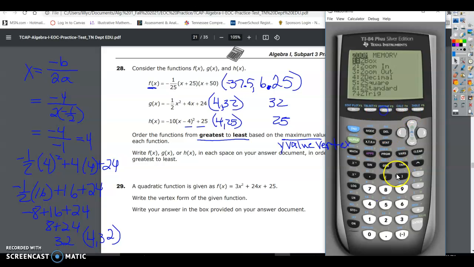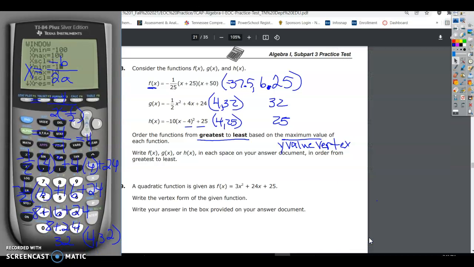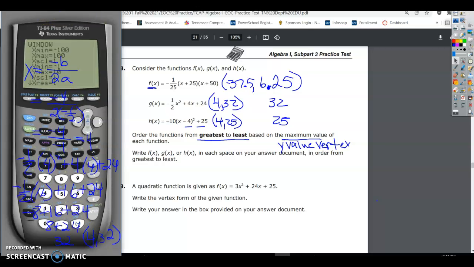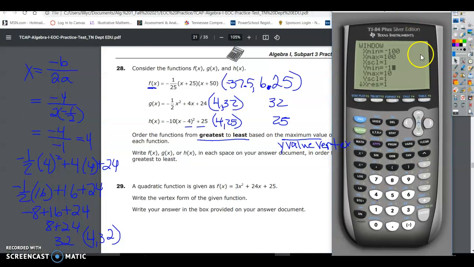All right, so if I do zoom 6, it takes me back to a standard 10 by 10. Since we messed with the window on the last one, it wasn't showing up. As you can see, this is not showing up. So if I change my window, let's just change it to negative 100, positive 100, negative 100. I'm having all kinds of trouble with my calculator.